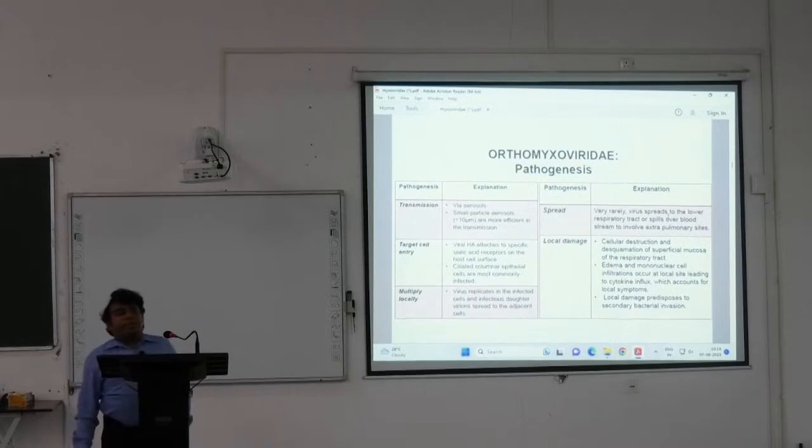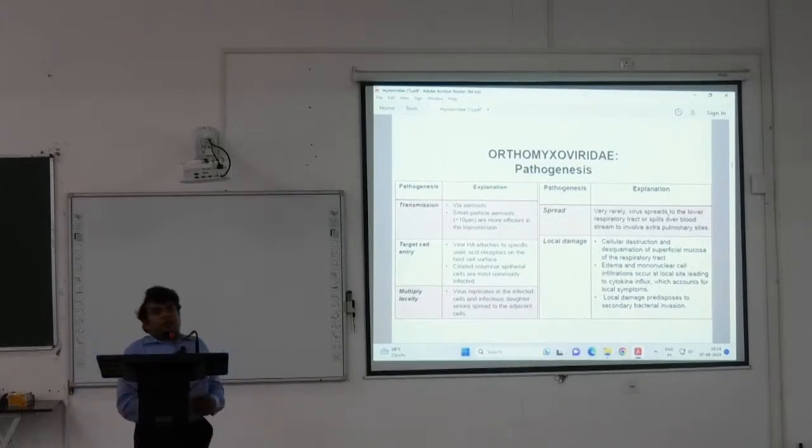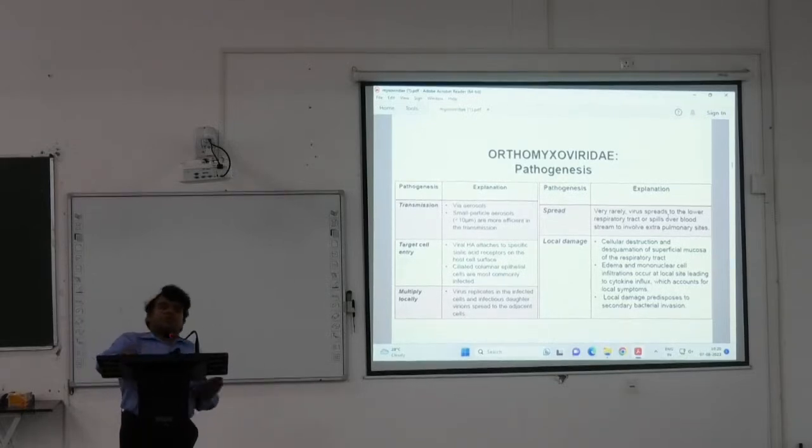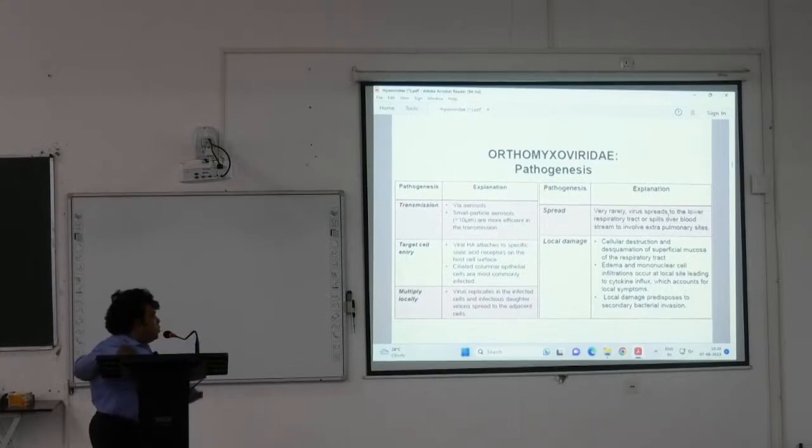This is the reason why, remember that if a patient is having infection with influenza virus, it is very important to isolate the patient, especially with airborne isolation. Droplet infection can also occur. Obviously, if something can cause aerosol infection, droplet infection can also occur.